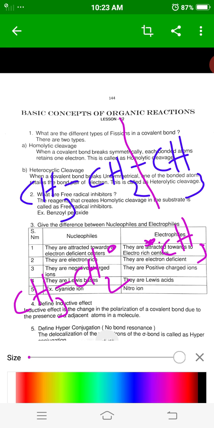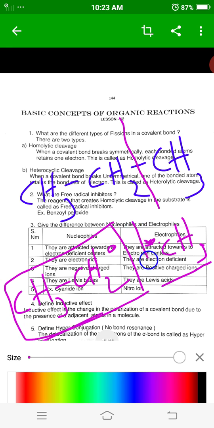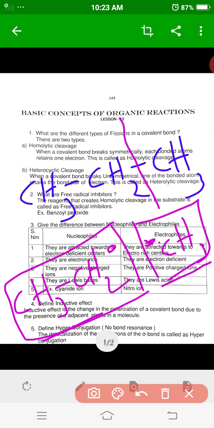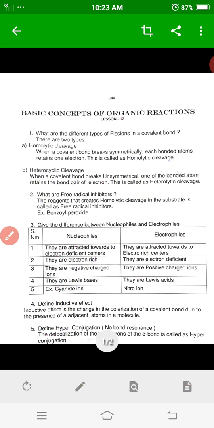So in this breakdown the covalent bond is unequal: this side has two carbon atoms, the right-hand side has one carbon atom. This is heterolytic cleavage.